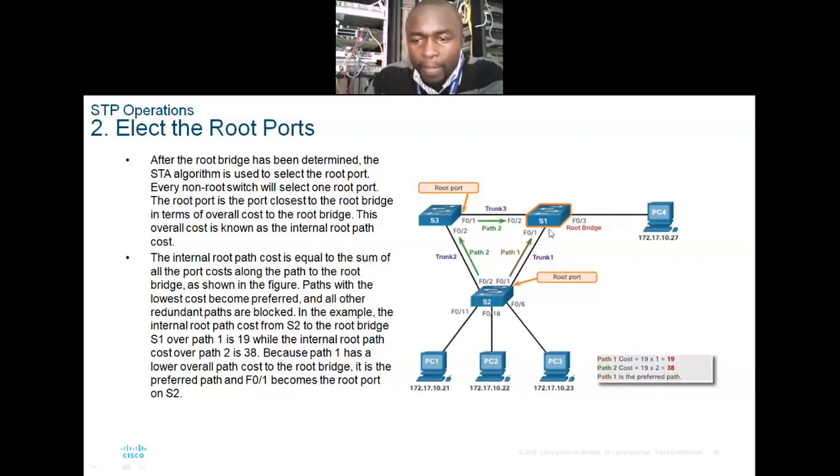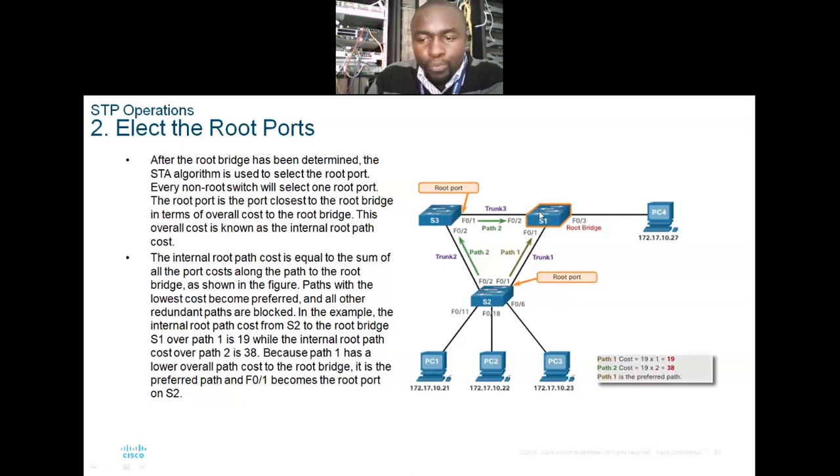For path 1, the cost is 19 times 1, which is 19. For path 2, the traffic comes to this switch and then comes to this switch, so the cost is 19 times 2. Why am I multiplying it by 2? Because the traffic will come to this switch and then to the next switch.